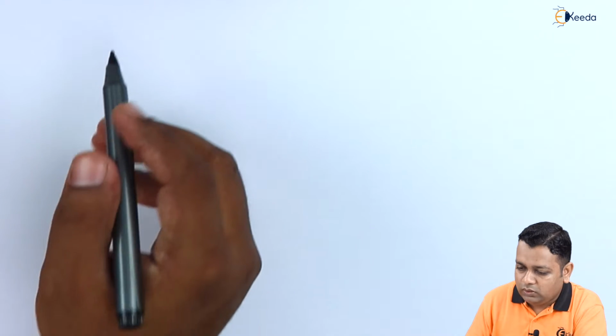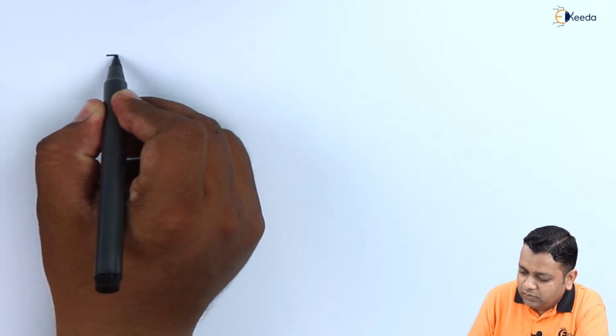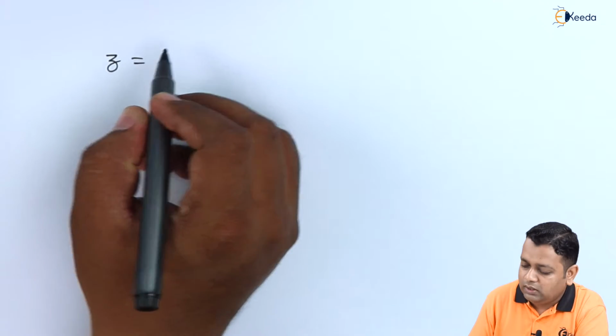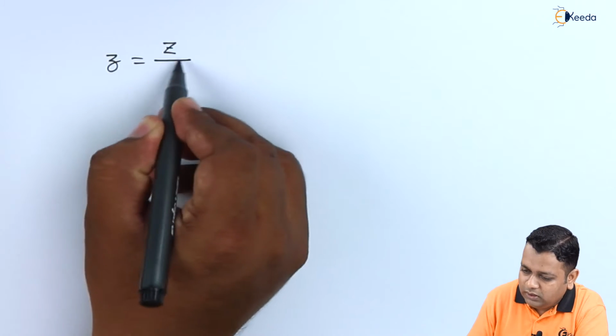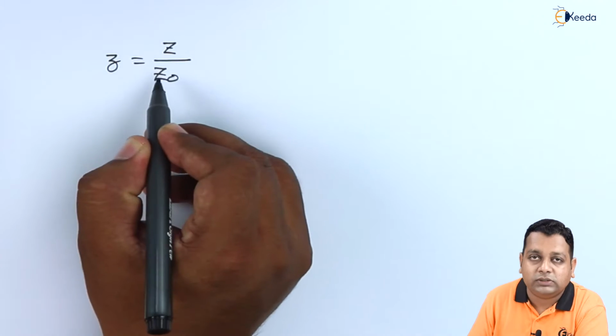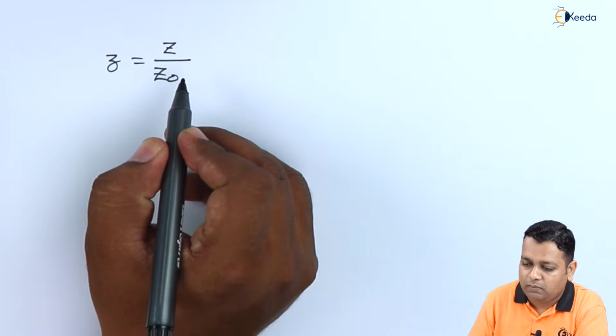Now, as we talked about the Smith chart, that is very helpful in determination of the impedance at any location, we can express the normalized impedance and the normalized admittance here. So very first of all, we shall mention the equation related to the normalized form of the line impedance. The normalized line impedance is represented by small z. It is the ratio of capital Z divided by capital Z suffix 0, the characteristic impedance.